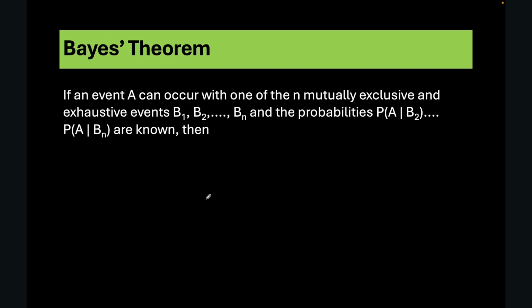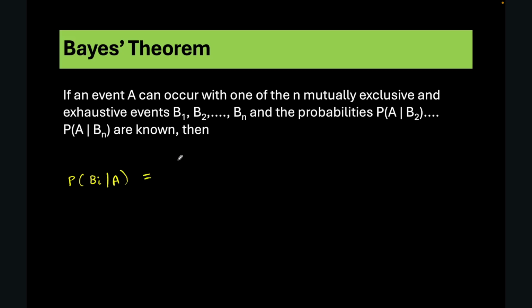So Bayes' theorem is very similar to what the total probability theorem states. Bayes' theorem says that let's say we have an event B_i, a specific event of B, let's say rolling a dice or picking a red colored ball out of a box, given that some event A previously takes place.